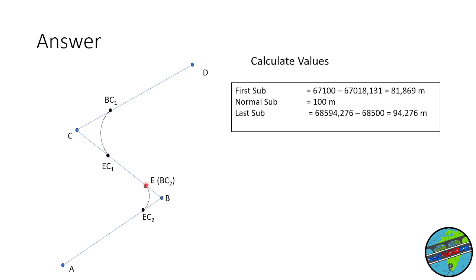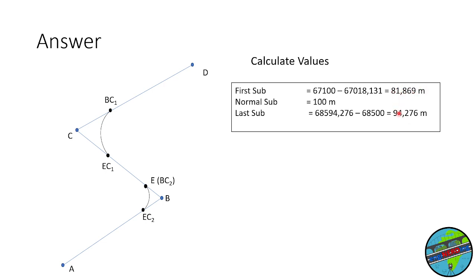So if we have a chainage and then our BC, we'll still have an interval of 100 somewhere just after our BC's value, which in this case will be 67,100. So we say that little point somewhere here minus our BC's chainage will give us that subchord. The reason we call it a subchord is because it's not a full chord of 100 meters, it is a part of it.